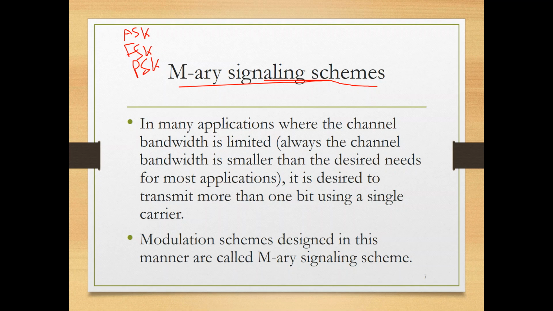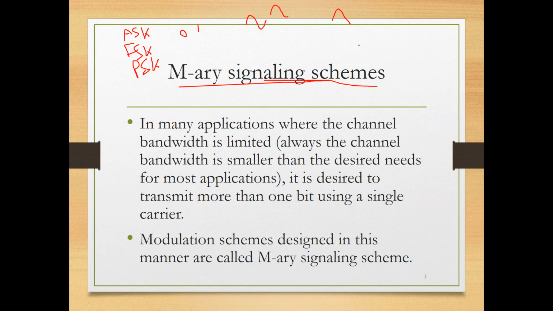We noticed in the example that I just gave you, I have only two choices of mapping: either low amplitude or high amplitude, either zero phase or pi over 2 phase, either frequency equal to F0 or frequency equal to F1.